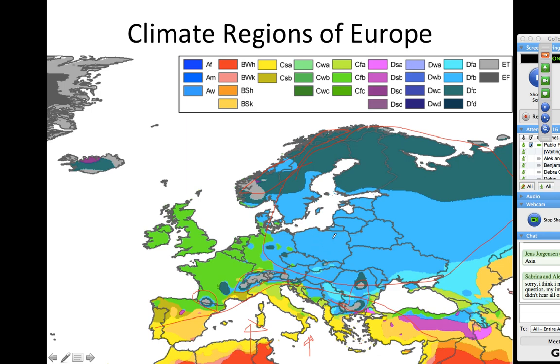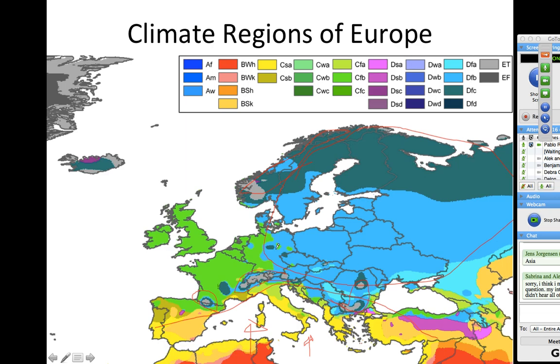it has rain and snow in the winter, and is very cold, and again it doesn't receive a lot of the heat from the currents because it's in the middle of the European continent.